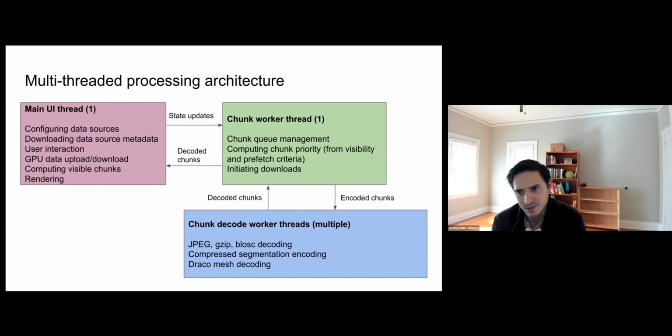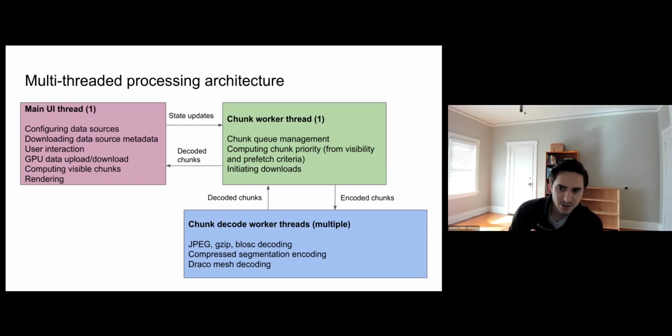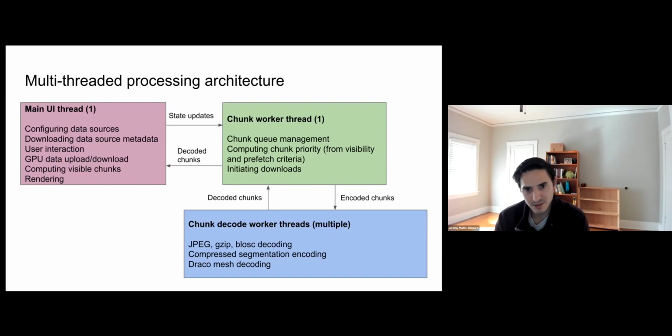Now we have this chunk worker thread that initiates downloads, but then separate threads actually do the decoding and send the decoded data back to the chunk worker thread. And then the chunk worker thread is responsible for determining which chunks should be uploaded to GPU memory or evicted from GPU memory, and then sends those updates to the main UI thread to actually perform them.